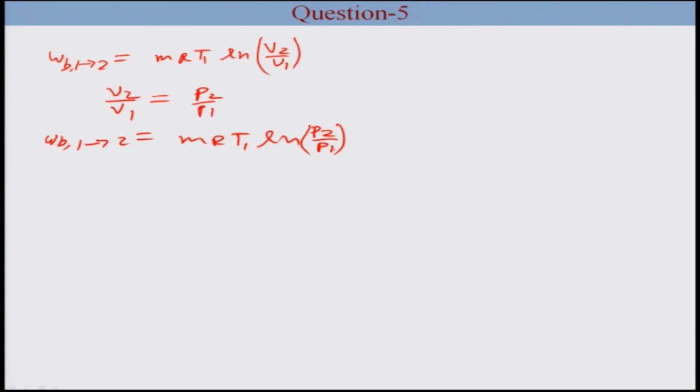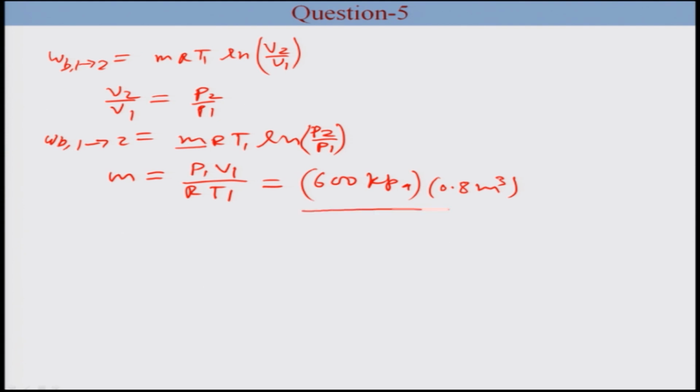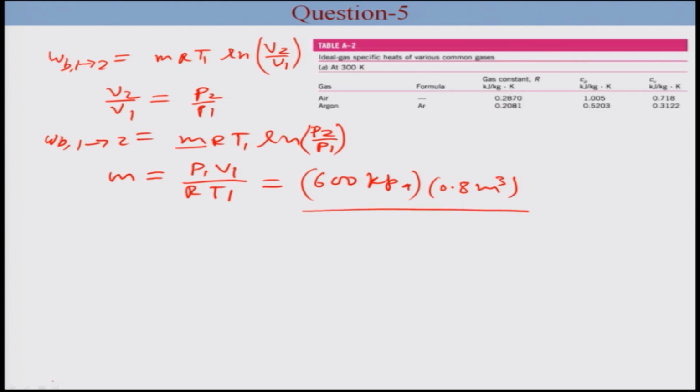In this expression we don't know the mass of the air initially present in the system. From the ideal gas equation we can calculate the mass of the air: P1 V1 upon R T1. Plugging in the values, we get 600 kilopascal initial pressure, and the volume is given as 0.8 meter cube. The value of R for air can be taken from the ideal gas table.